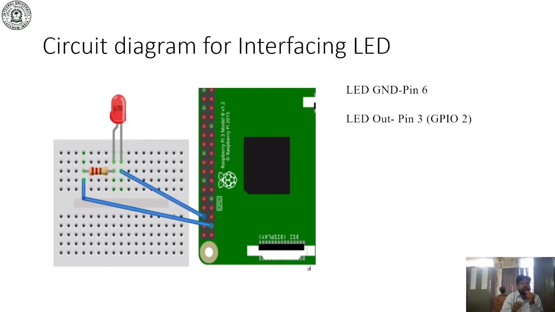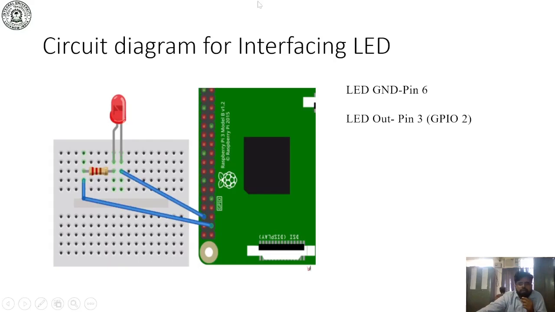Already I have explained that in programming we can use board pin numbering or BCM. If you are using the board pin, then this is pin number 3, and if you are using BCM, then this is GPIO pin number 2. Okay, so this will be the connection.